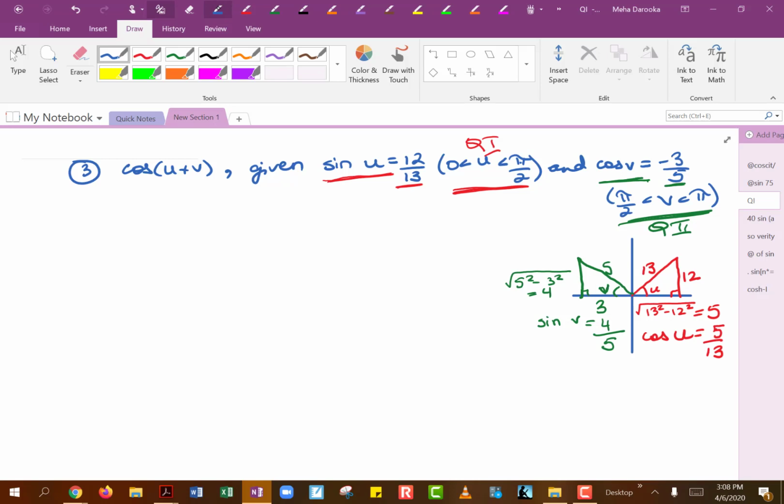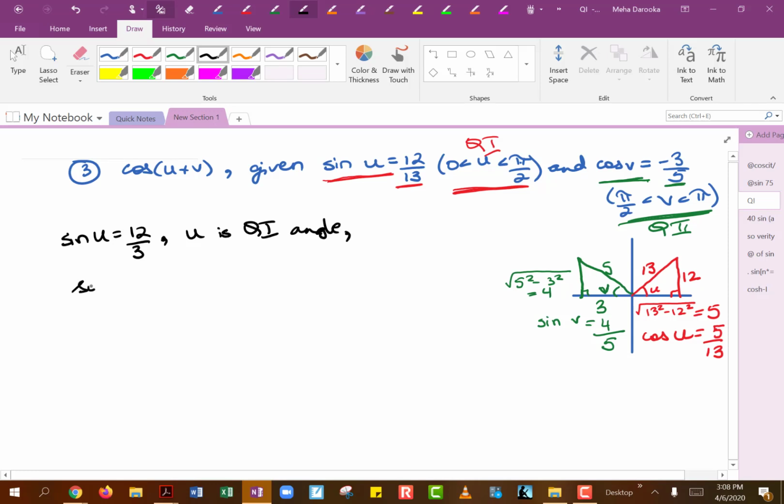So let's say we are given sine of u, which is 12 over 13. We know angle u is a quadrant 1 angle. So based on that, cosine of u comes out to be 5 over 13, right? And again, you can see the figure to help you out.